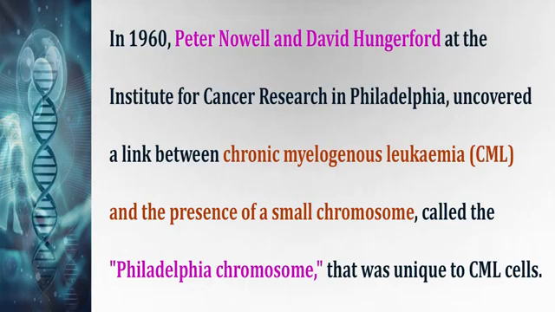Two, to identify the Philadelphia chromosome. In 1960, Peter Nowell and David Hungerford at the Institute for Cancer Research in Philadelphia uncovered a link between chronic myelogenous leukemia, which is also called CML, and the presence of a small chromosome called the Philadelphia chromosome that was unique to CML cells.